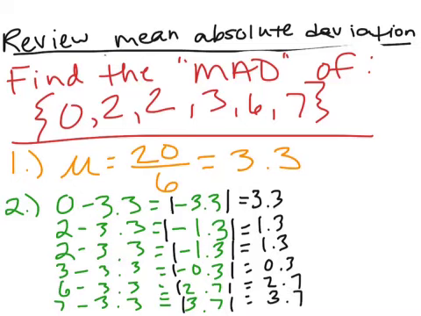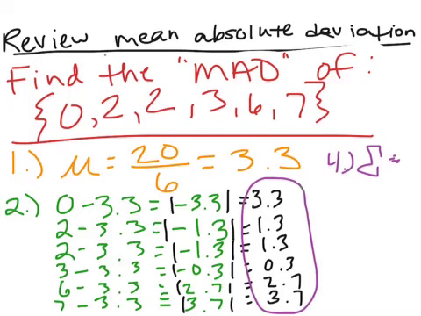Now step 4 tells me to find the sum. Remember the sum has this notation, so the sum of all of my absolute values is found by adding them all together. When I add up 3.3 plus 1.3 plus 1.3 plus 0.3 plus 2.7 plus 3.7, my sum is 12.6.